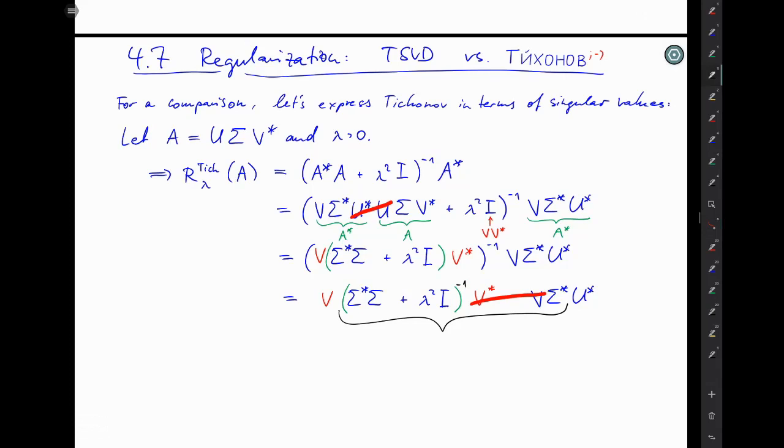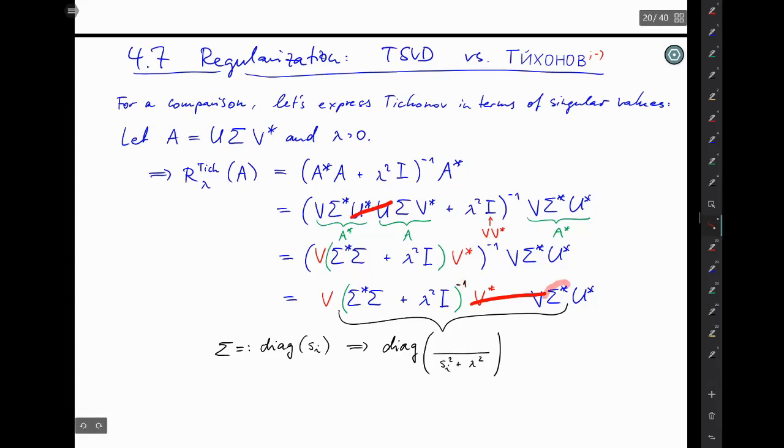If we call the diagonal entries of sigma just S1, S2, and so on, like we always do, then this new matrix would be diagonal, as we said, and it has the following entries. Here you get Si squared, and then you add lambda squared, and then you take the inverse.